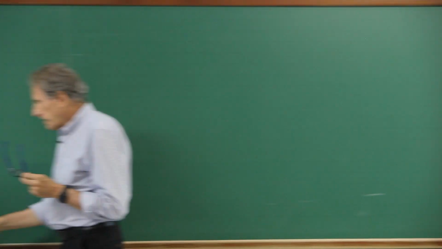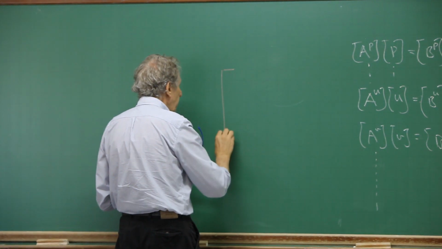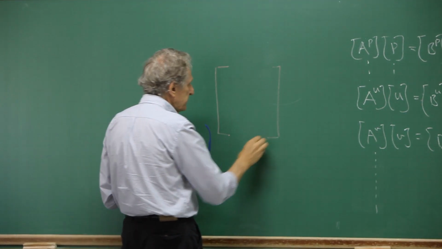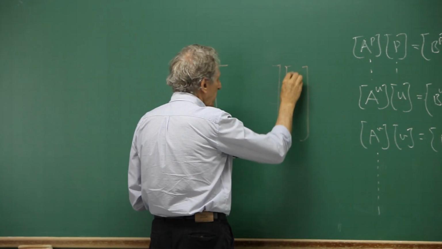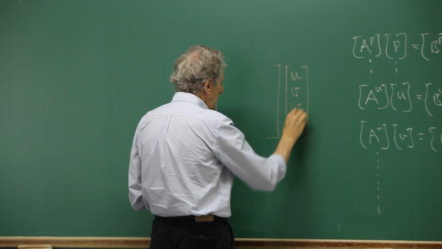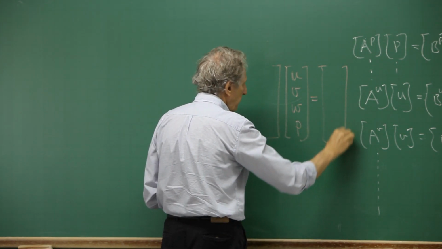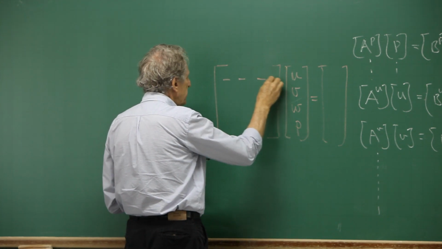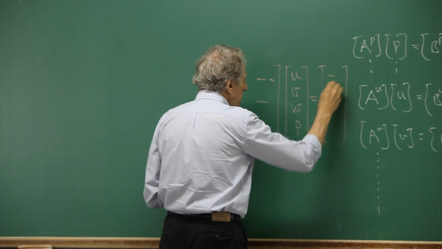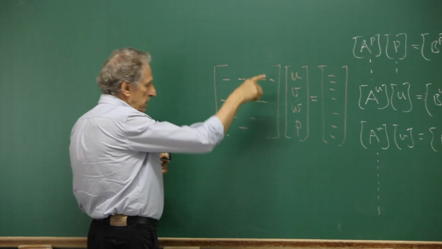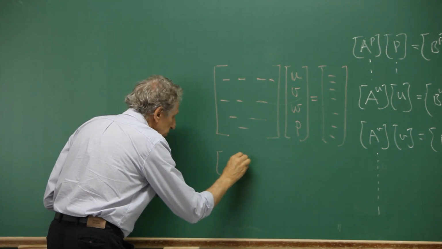So normally in the segregated approach, you have something which is a matrix where you are solving U, V, W, and P. You have all the entries here, you know. Here too. And then you solve, let's say, temperature.